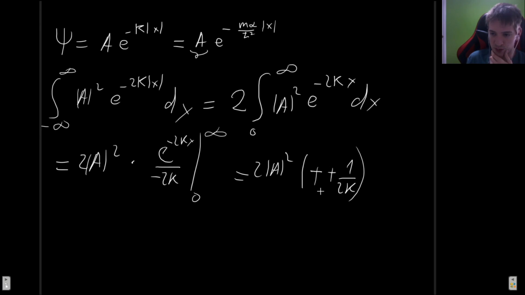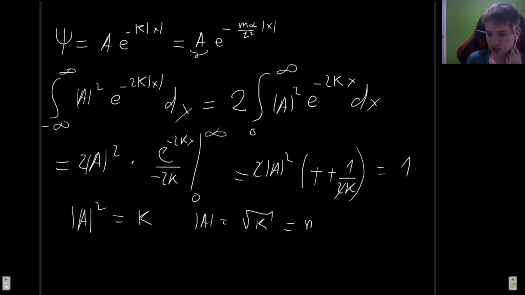So this is just going to be plus, and this has to be equal to 1. So these two cancel out. So we see that A squared is just going to be k, so that A is going to be the square root of k. And k, as we already saw, is just m times alpha divided by h bar squared. So the square root of this is just going to be that.